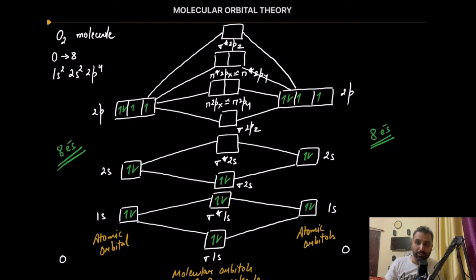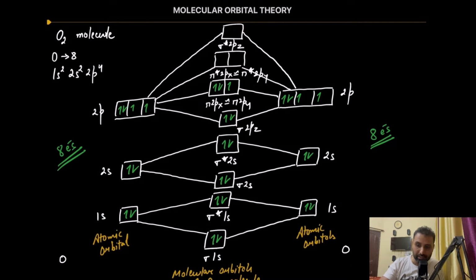Then is the turn of sigma star 2s, seventh electron, eighth electron. After that sigma 2pz, ninth electron, 10th electron. Now pi 2px and the pi 2py, 11th, 12th. Here we have to follow the Hund's rule.